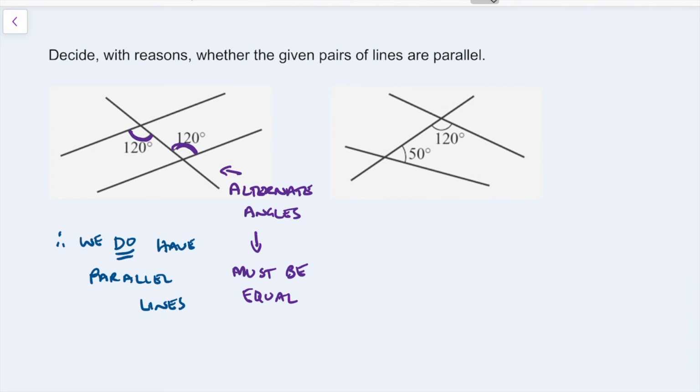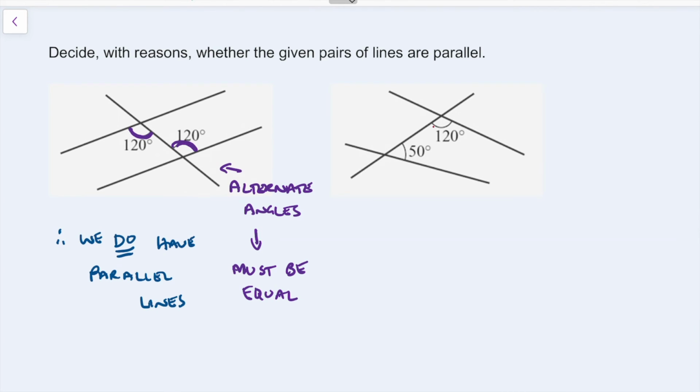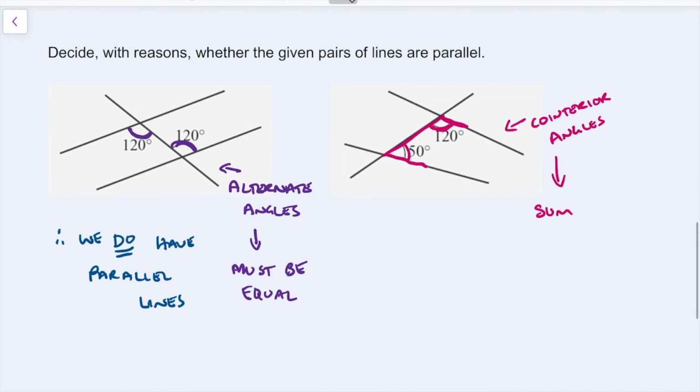On the other one, let's see what's happening. These are co-interior angles. You can almost see that they're co-interior because they form a C shape. They are co-interior because they cooperate with each other on the interior of the angles. Now these need to sum to 180 degrees because they're supplementary, remember?